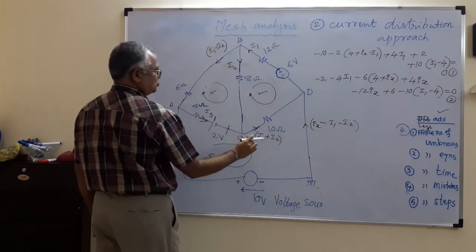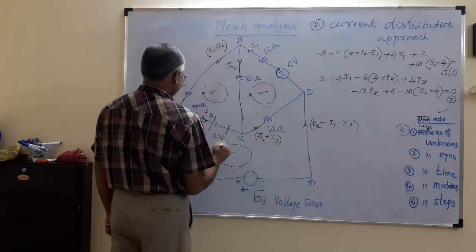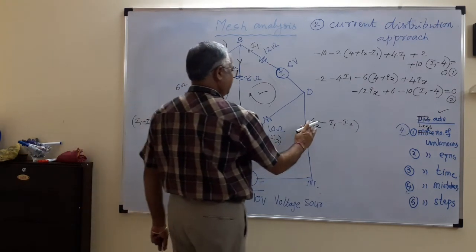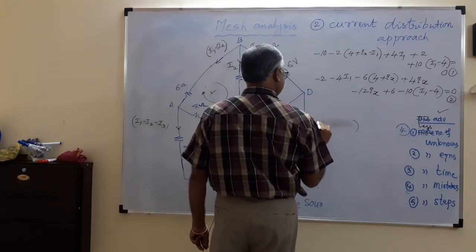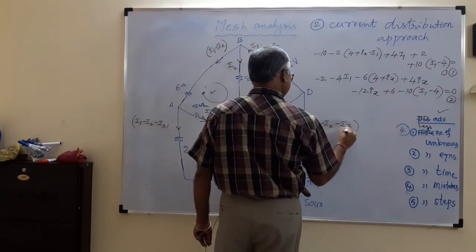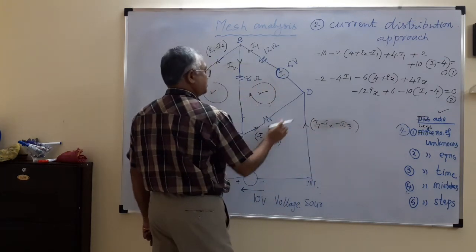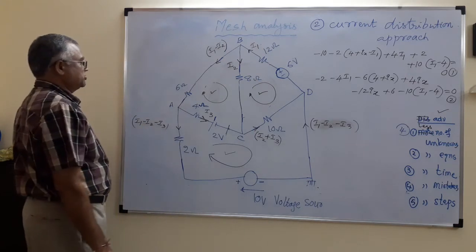I3 I2, so I2 plus I3. This remains same. Same current will come here, I1 minus I2 minus I3. Minus I2 minus I3 cancel. How much coming? I1.